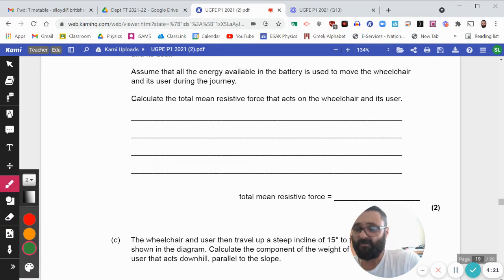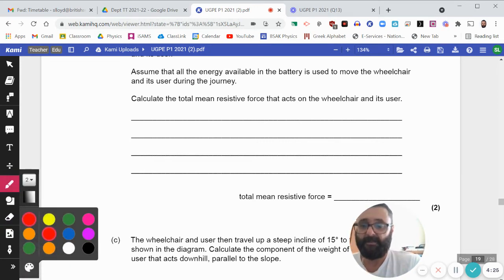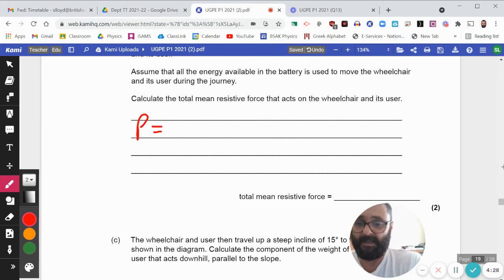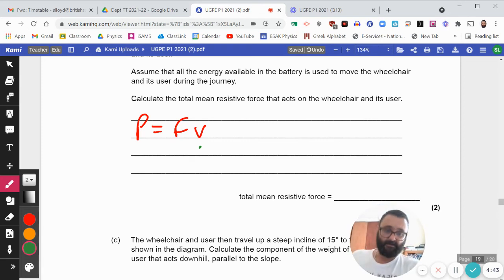Now, this is one of the most underrated equations in mechanics, and that is P equals FV. Well, when do you use this equation? Power equals force times velocity. This is when something moves at a constant velocity, but we need power to overcome a resistive force.